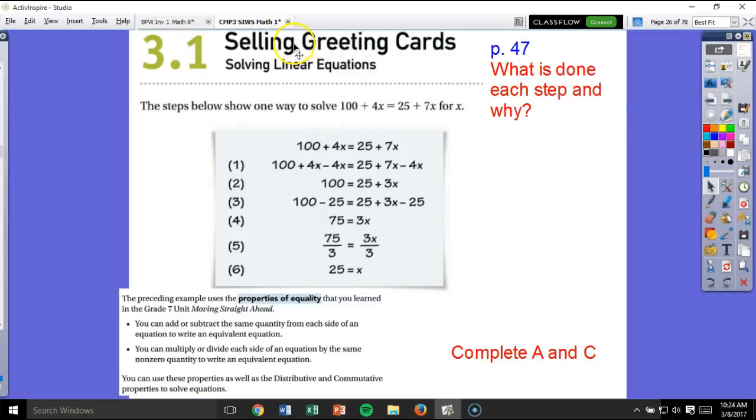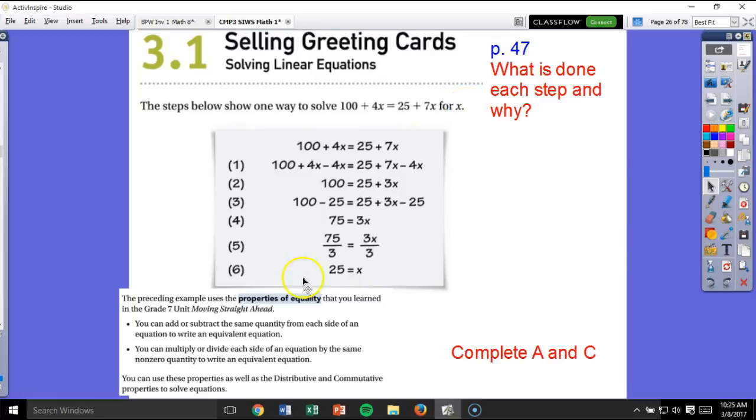Selling greeting cards, 3.1, helps us solve linear equations, and it gives you a little example on page 46. It says the steps below show one way to solve 100 plus 4x equals 25 plus 7x, and we want to solve for x.